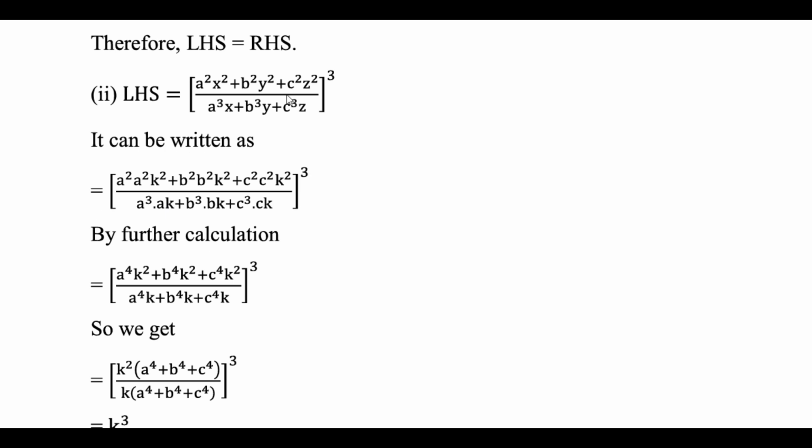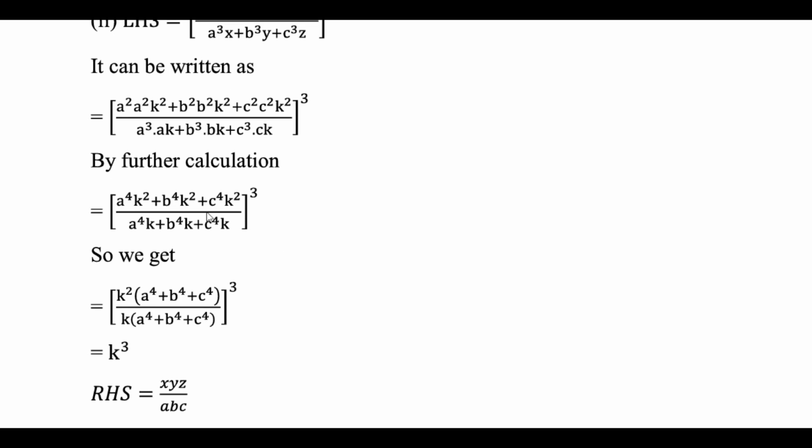So ultimately, in place of y you have to put bk, in place of z you have to put ck. Okay, and here also in place of x put ak, in place of y put bk, in place of z put ck.